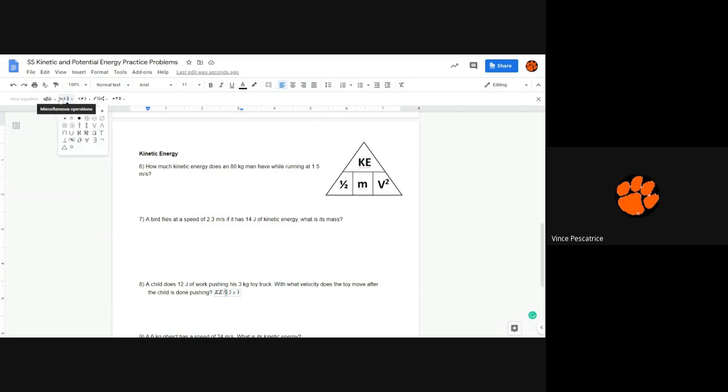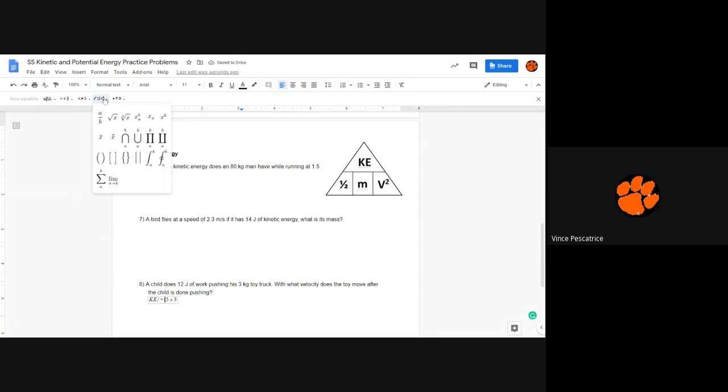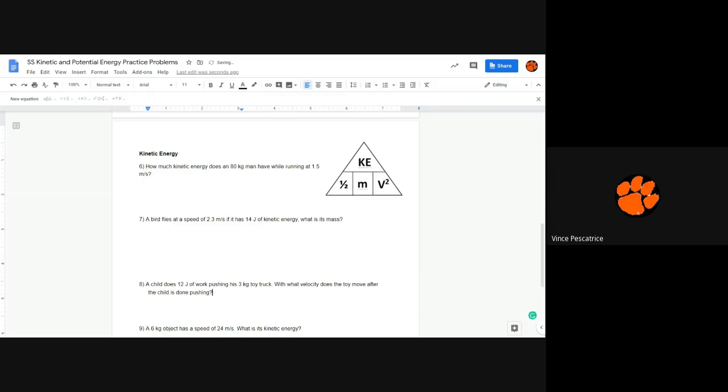Up top, you can use symbols like divided by. You could also do operations, so you could do a fraction and type that in. So you can use that equation editor to type in the equation, or do it on paper and take a picture of each problem when you post it in there.